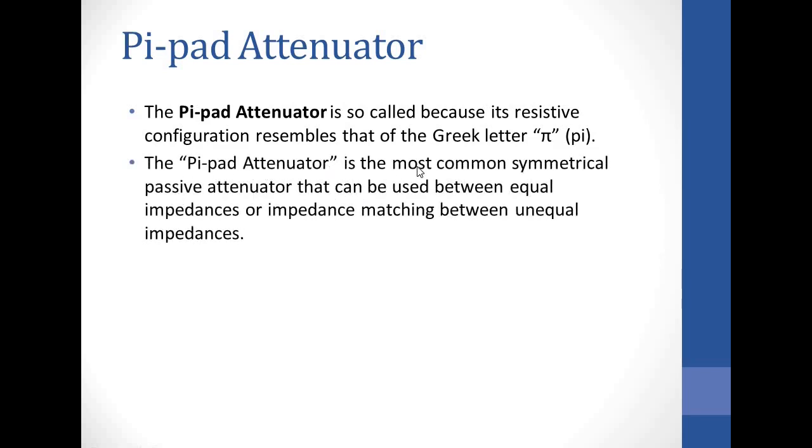The pi-pad attenuator is most commonly symmetrical, like I mentioned. It is a passive attenuator that can be used between equal impedances, or for impedance matching between equal impedances. So we're simply saying that normally it is found between two devices of the same impedance.